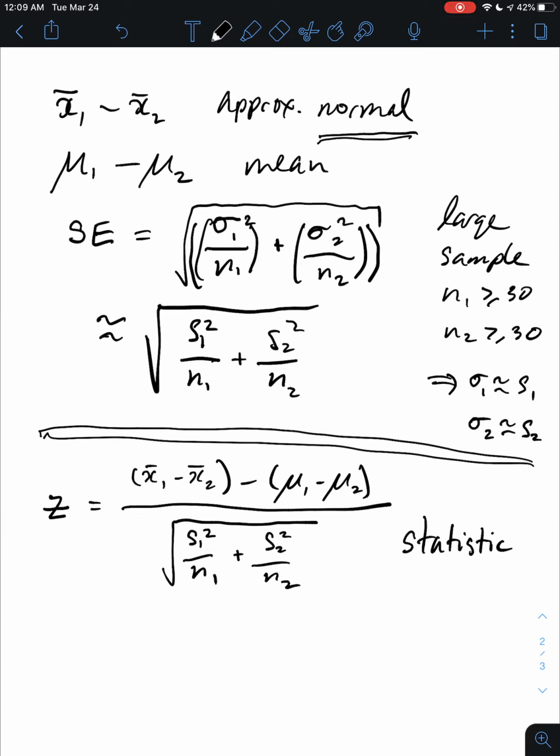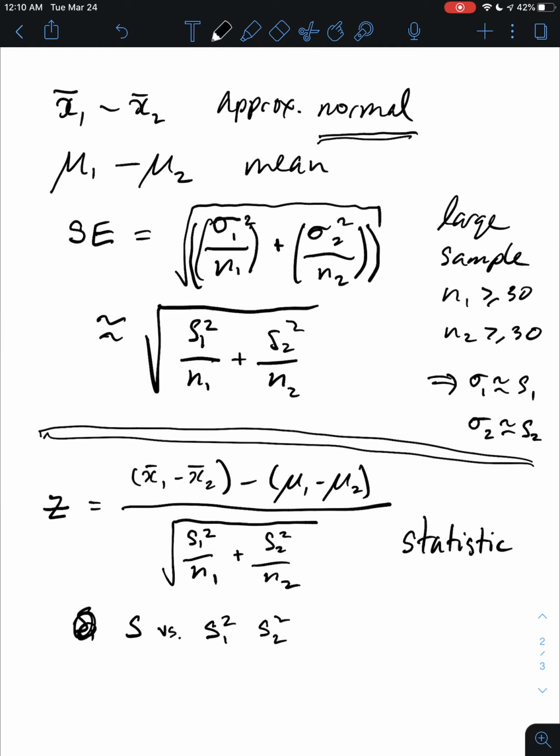One other important thing to note is that in some of these sections of Chapter 8, we have been using the standard deviation. Let me just write this for standard deviation. And in this section, we tend to use the variance more often. The difference is the standard deviation doesn't have the squared symbol, whereas the variances do have the squared symbol.